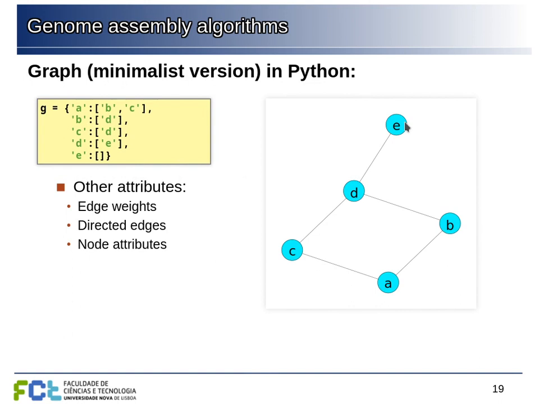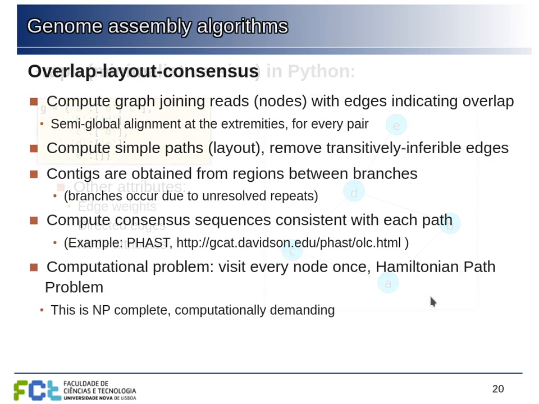Since we don't know where the thing starts, what we're actually looking for is a cycle, because we want to go back to the same node at the end, so that then we can think of the genome as a circular genome, and so we don't need to know where to start. And usually these bacterial artificial chromosomes are like that. So in general, we are looking at cycles here where we need to visit all the nodes once, and we return to the same node where we started.